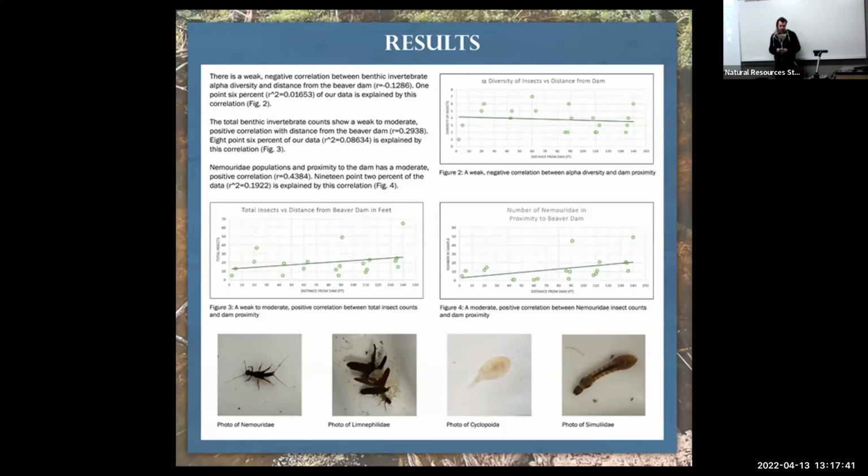So for population counts, it was a correlation coefficient of 0.29, and the little brown stonefly was a correlation coefficient of 0.44. And so those are pretty moderate correlations, which we thought were interesting.